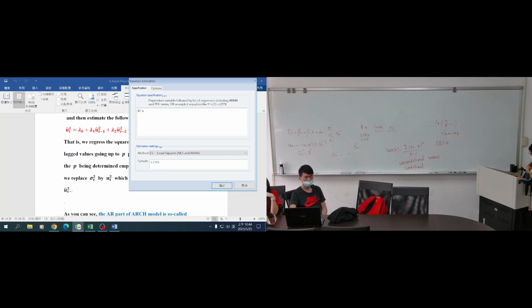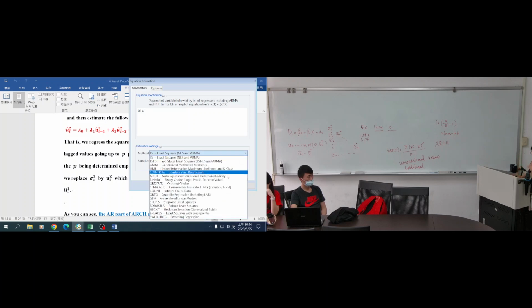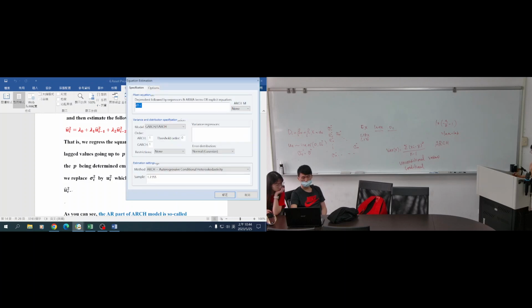And this time, please do not use the least squares method, because we are estimating not only the original mean equation, but also the variance equation. OLS cannot do both, so we need to use what they already have, called the ARCH model, the autoregressive conditional heteroscedasticity function.